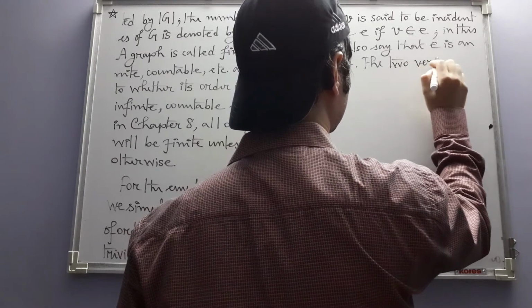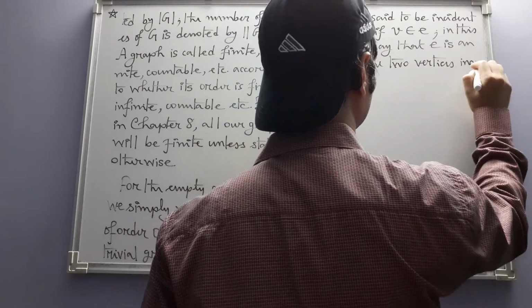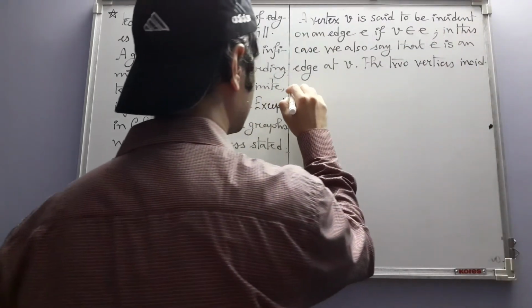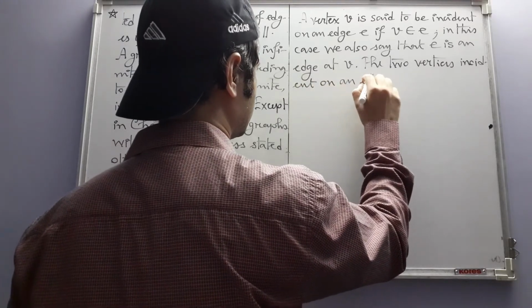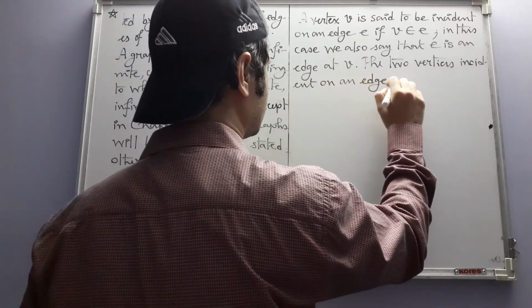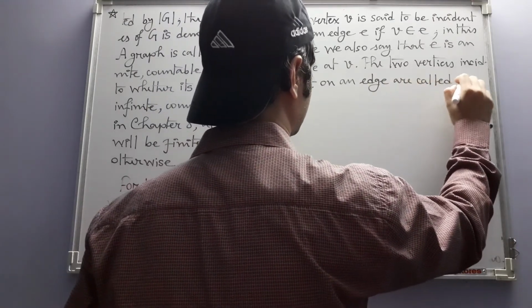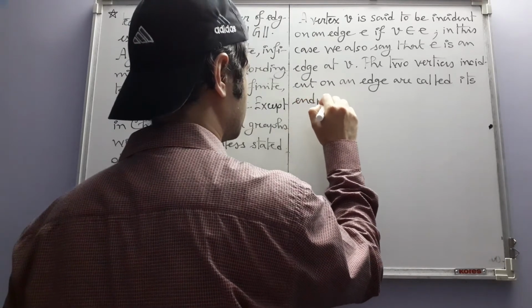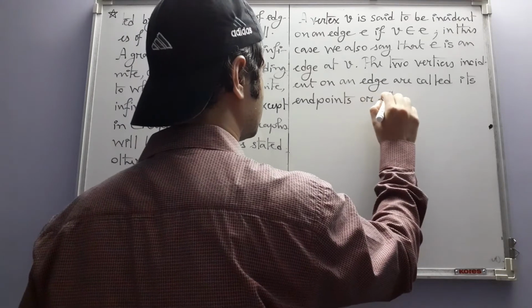The two vertices incident on an edge are called its endpoints or ends.